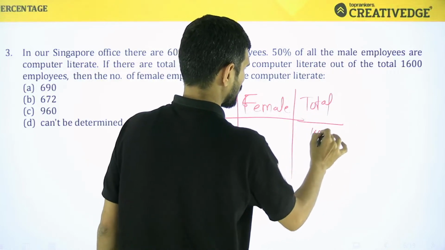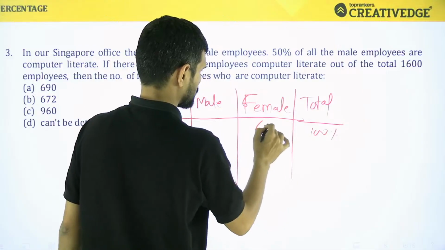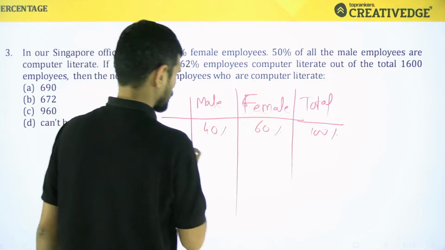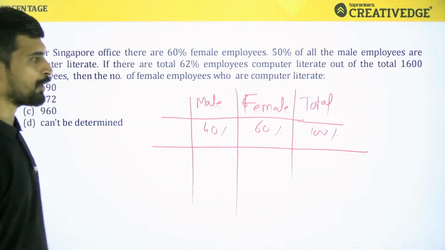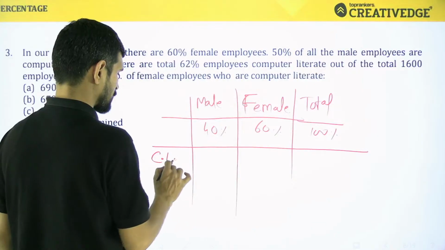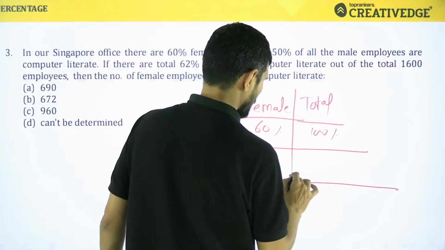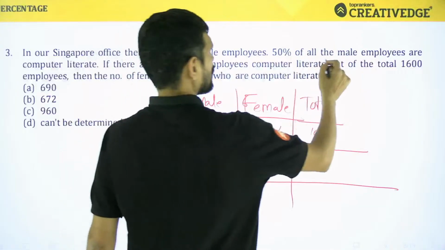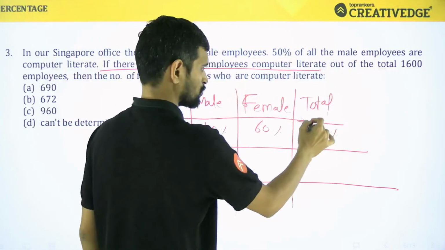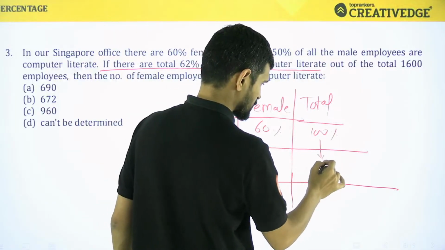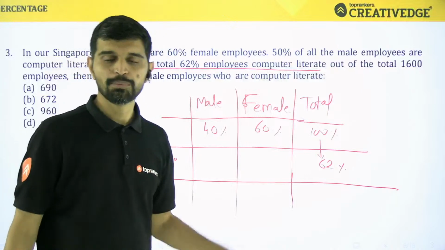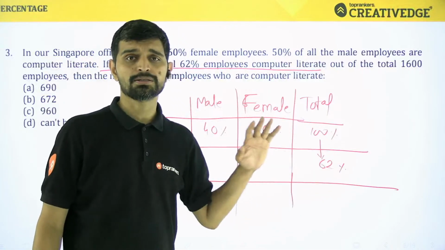If I have 100% employees, 60% are female, that means 40% will be male. These are total employees. Out of these, how many are computer literate? If there are 62% employees who are computer literate, so out of 100%, 62% are computer literate, right? The number of computer literate employees is 62%.